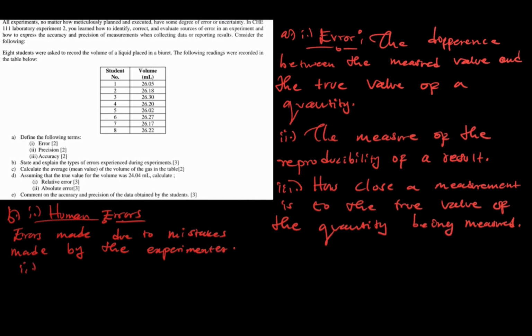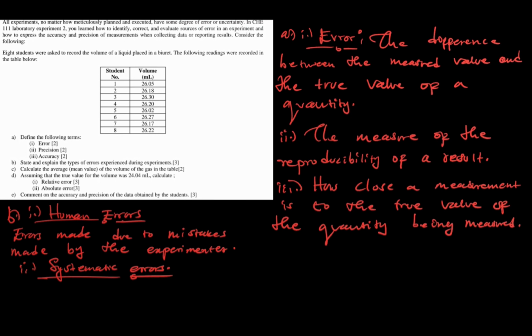Then secondly, we can look at the next error, which is systematic errors. So what are these systematic errors? Systematic errors are basically errors that occur due to a flaw in the experiment design or equipment. This can be reduced if you identify and correct the source of the error at hand.